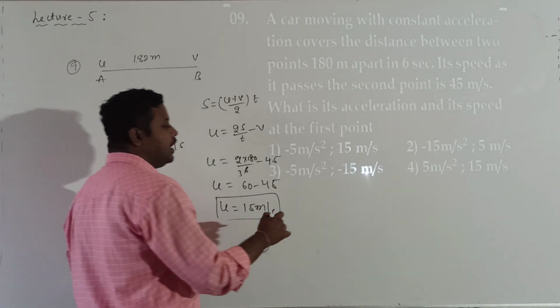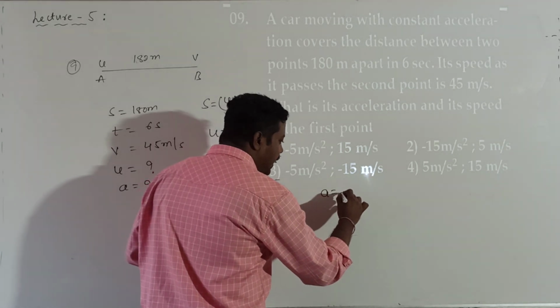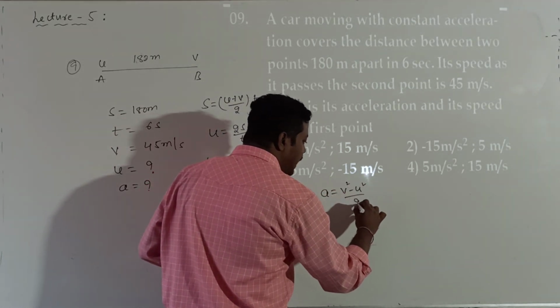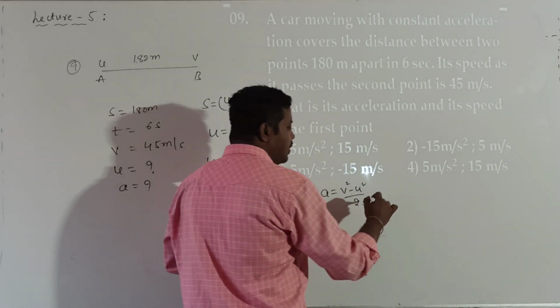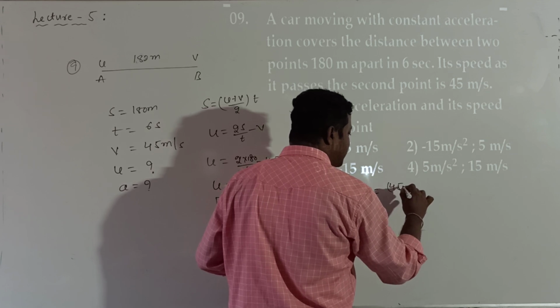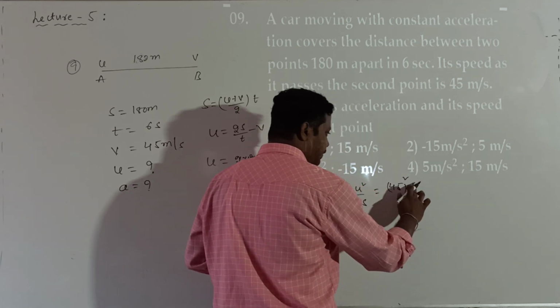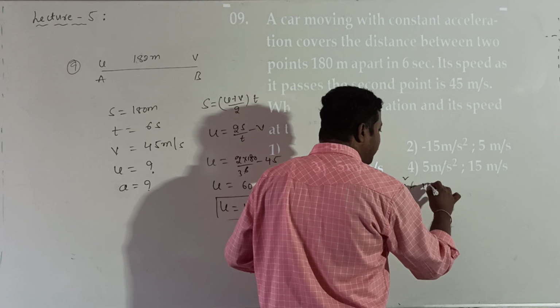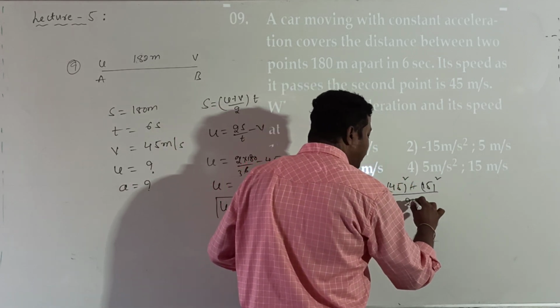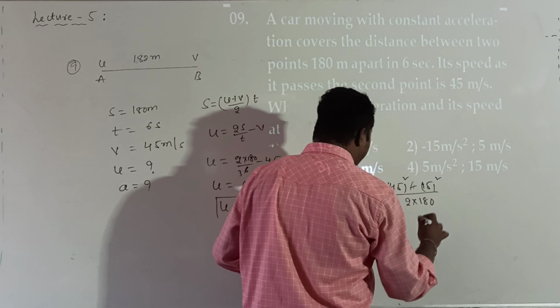How can I calculate the value of a? The a value can be calculated by the formula a is equal to v square minus u square divided by 2 into s. So what is the v value? It is 45 whole square minus the u value, 15 whole square, divided by 2 into s, which is 180. So simplify this.